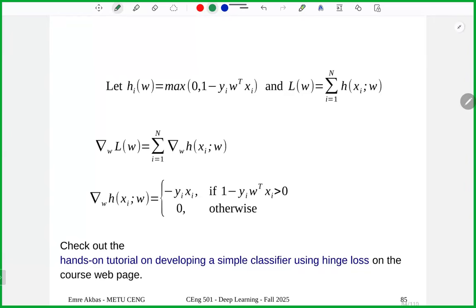You can implement the 0-1 loss function, which just counts the cases where the prediction and the label disagree. And here you can find an optimizer, which is not gradient descent. This optimizer is random search.